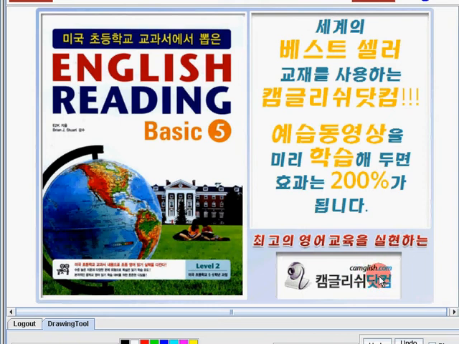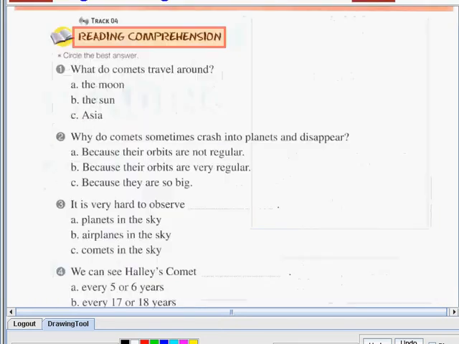Today, we will continue answering the activities from the lesson that we've discussed from our last video. Those activities will help you to understand more about the article and to widen your vocabulary. So now, let's begin.